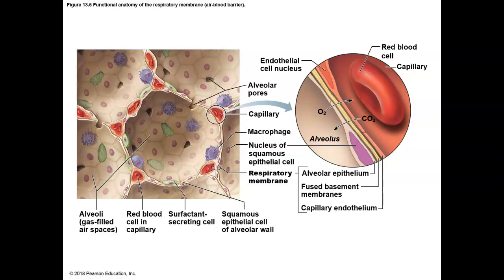So surfactant is a lipid-based molecule, and it functions to keep the alveoli open. So alveoli are super thin, one single layer of epithelium. So if the alveoli were to fold in on itself, it'd be like having two thin layers of epithelium attached.